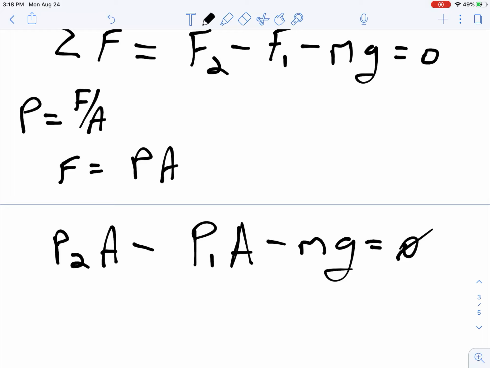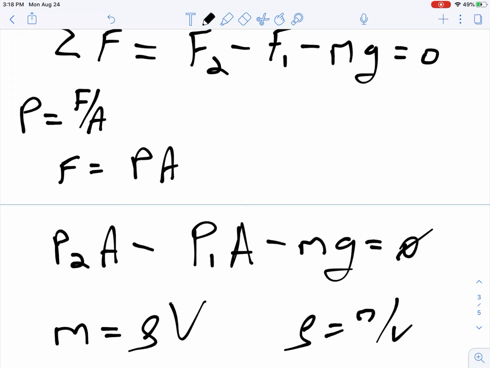All right? Now, what is the mass that we're talking about? Well, I don't know the mass of that object, but I do know that mass is going to be equal to density times volume. Remember, density was mass per volume. So mass is density times volume, right? And what's volume?